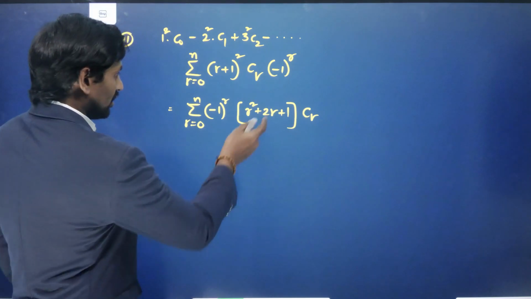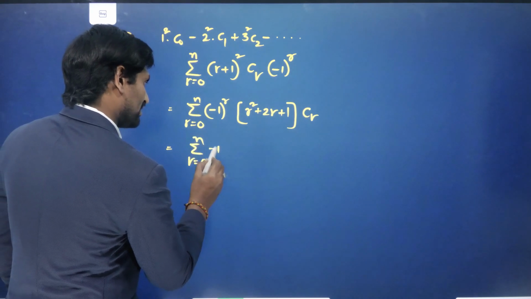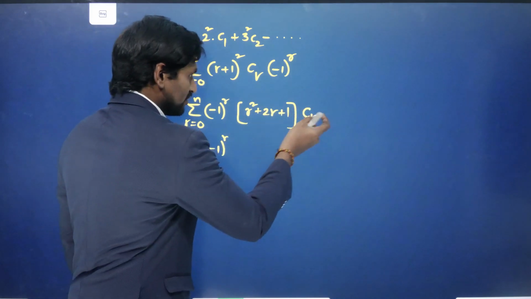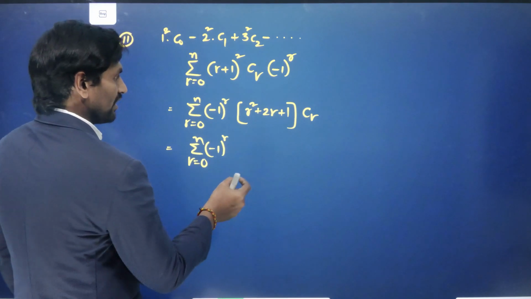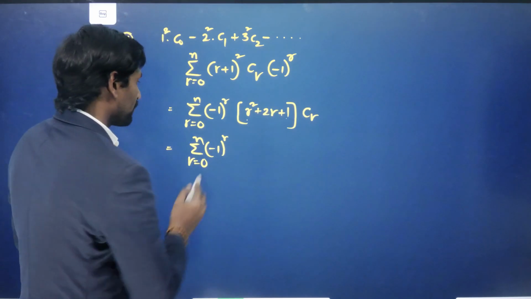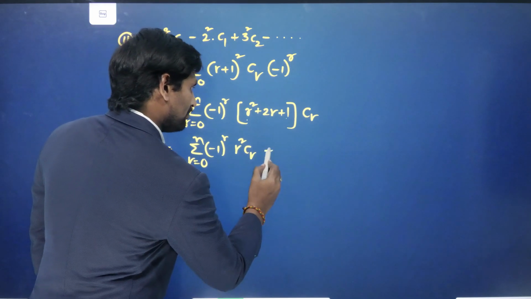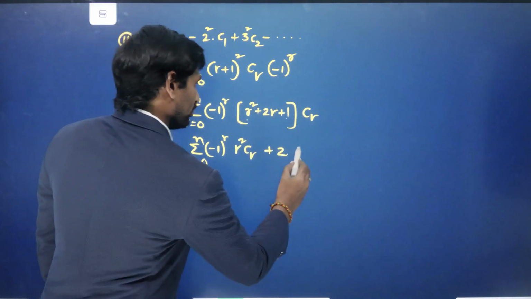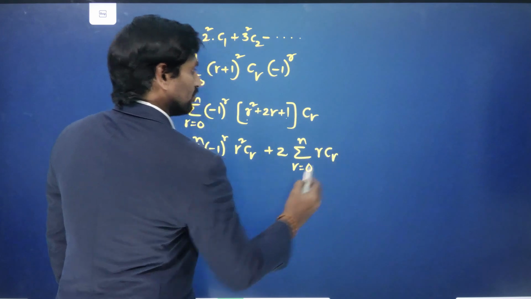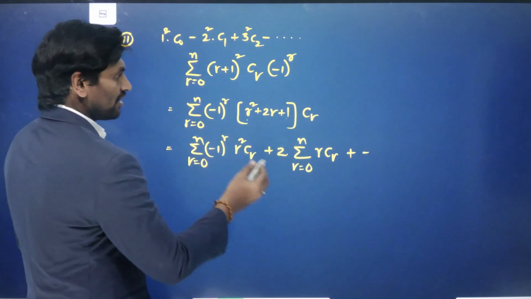Now the three terms I am writing like sigma r equals 0 to n minus 1 power r. Now r square into cr plus 2r into cr, I am just separating for each and every term. 3 terms will come because 1, 2, 3 terms are there, and I am going to multiply them with cr. So the first one will be r square cr. Again plus term 2 into r, so 2 into sigma r equals 0 to n r into cr, plus, here minus 1 power r will be left.